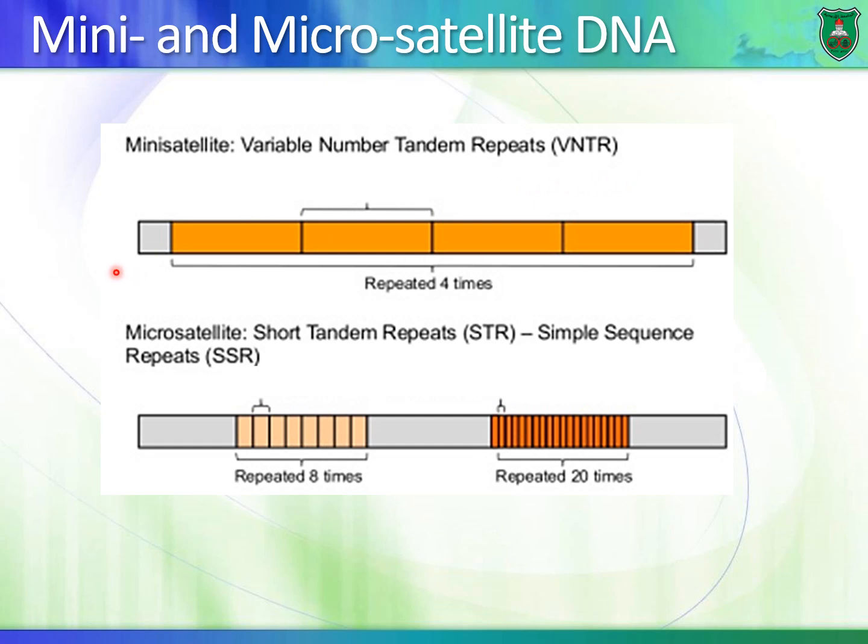So you have a sequence that is made of, let's say, 20 to 100 base pairs, and this sequence is repeated several times, tandemly, so they are close to each other, one after the other. Microsatellites are repeats that consist of about 2 to 10 base pairs, and they can also be repeated several times, as you can see in this example right here.